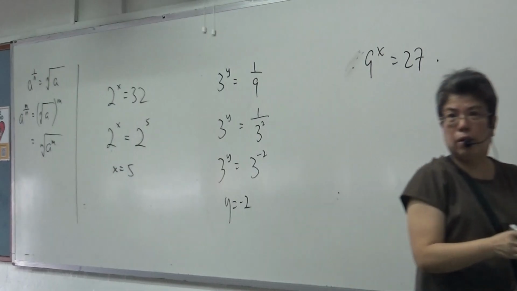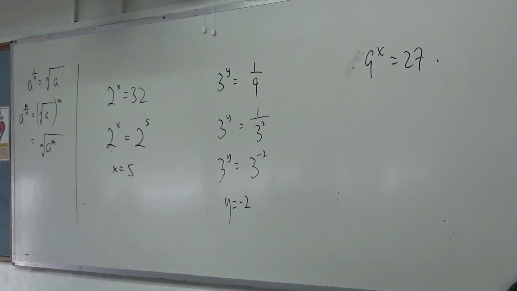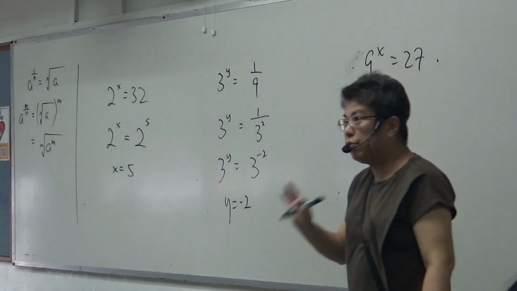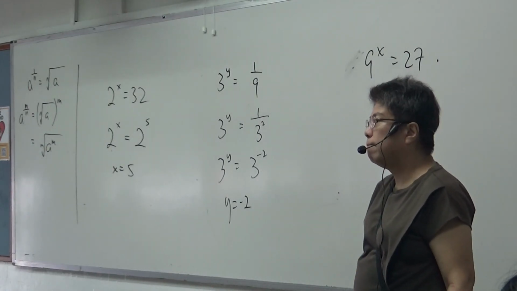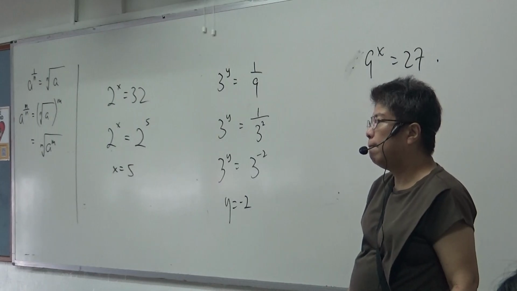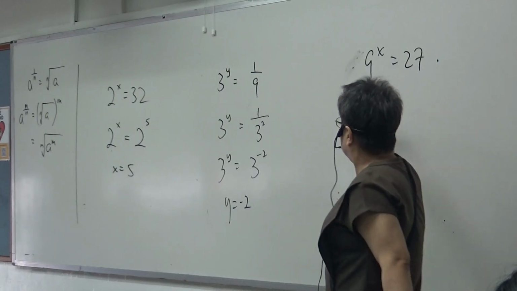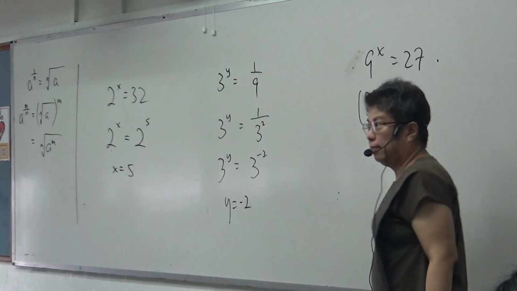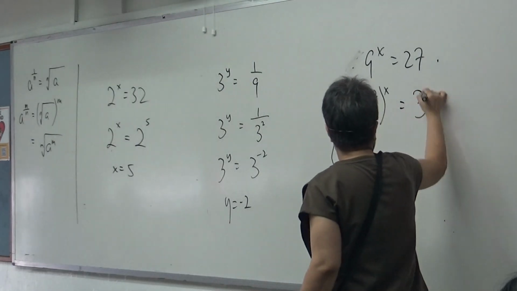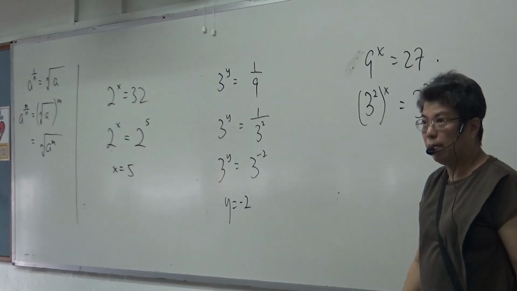There's no way you can take it to base 9. Change it to base what? 3. Oh, look up. Now, 9 is 3 to the power of 2, then x, right? Then this is 3 to the power of 3.